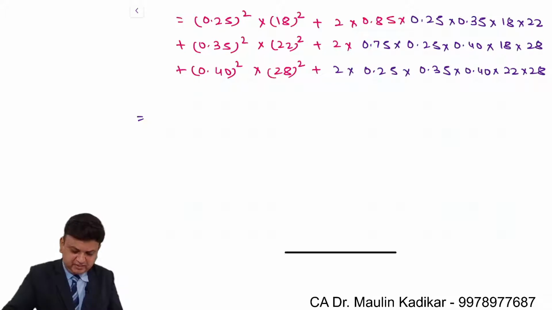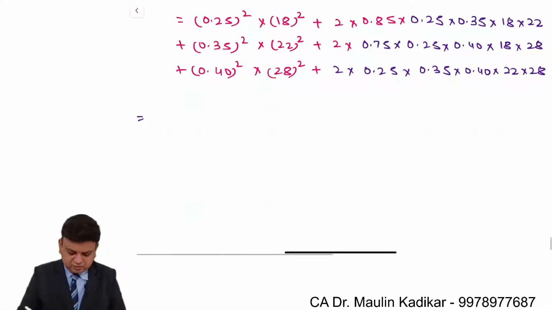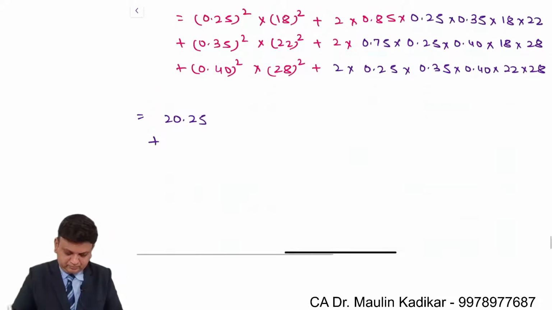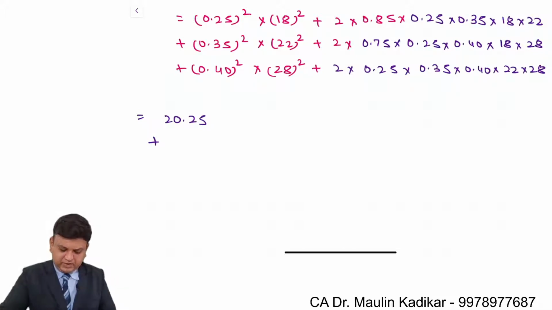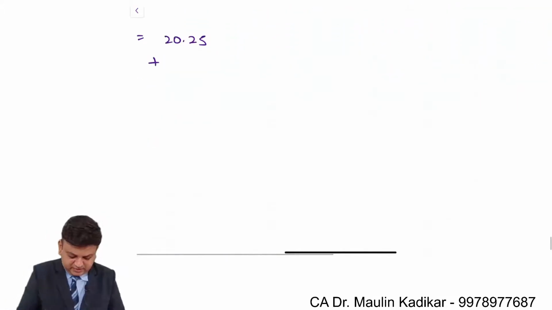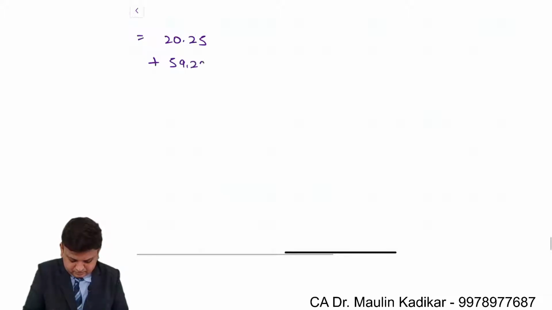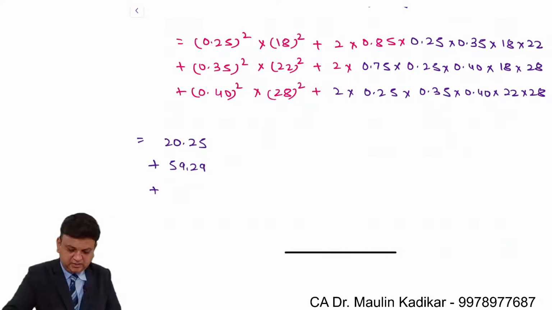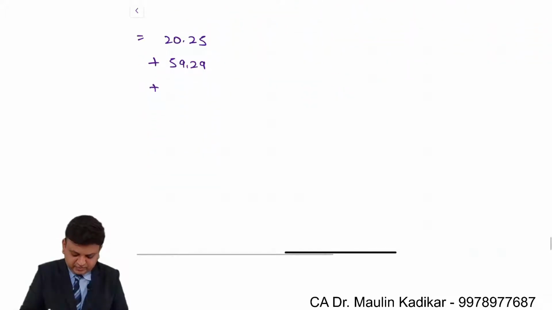So square of 18 into square of 0.25, that is 20.25, plus square of 22 into square of 0.35, so 59.29, plus square of 28 into square of 0.4, so 125.44.